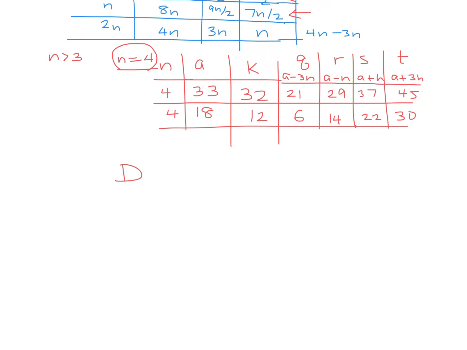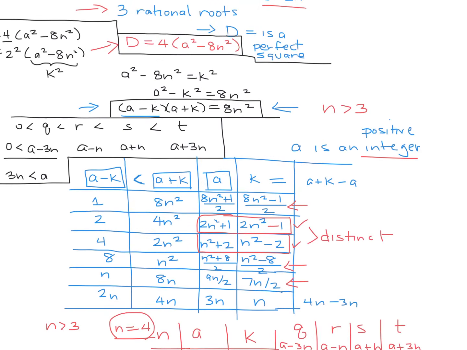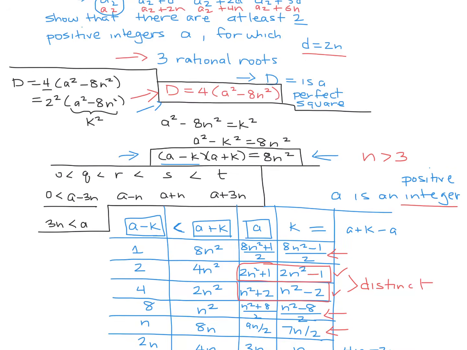D, according to our formula, was, where was it? Up here, right? 4 times a squared minus 8n squared. Or we had actually, we called it this right here. D is equal to 2 squared times k squared.